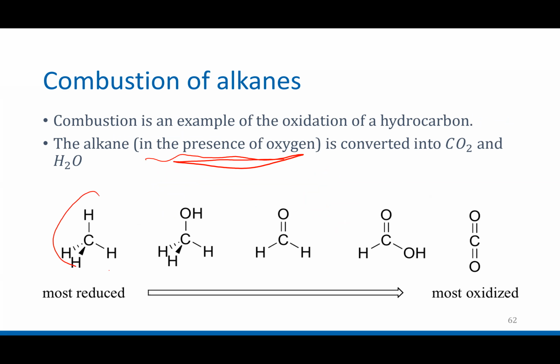So here I have methane. The process of combusting methane is first it would turn into an alcohol, methanol. Then it would turn into an aldehyde or carboxylic acid. And then finally, it's the most oxidized as CO2.